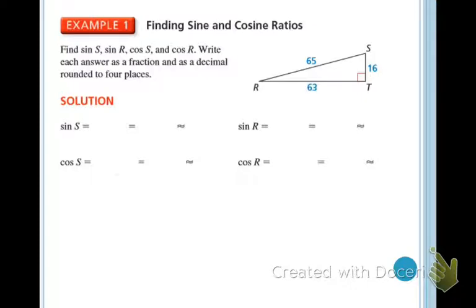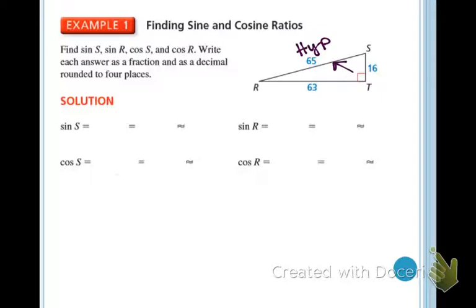So you have a right triangle. What side is the hypotenuse, regardless of what angle we're coming from? Across from the right angle, so that'd be 65 here. That will never change. Just like in my classroom, it doesn't matter what perspective you're coming from, this is my desk, right? So it's never going to change.